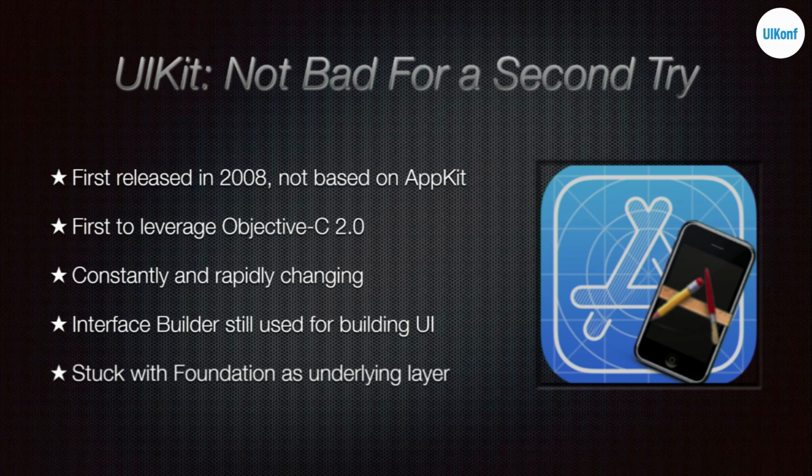And Objective-C 2.0 had a lot of improvements over the old one, the non-fragile API, which meant that the sizes of things could change without having to recompile every single library in the entire OS to deal with it.